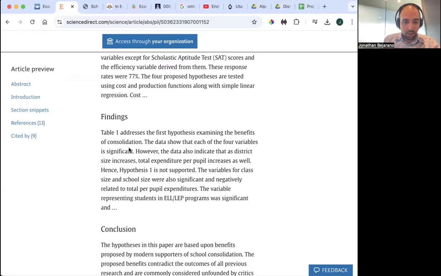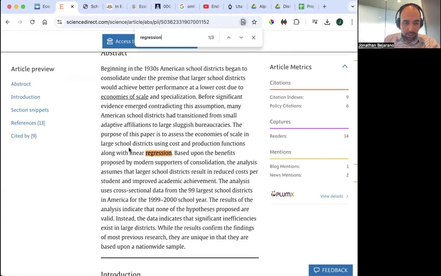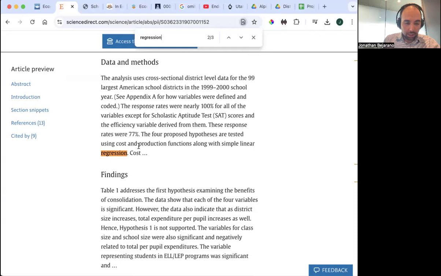But basically, when they did all of the data in there, they are using a linear regression. Again, right here, they're using cost and production functions along with simple linear regression. So there's a problem with just simply applying simple linear regression or the least squares method.